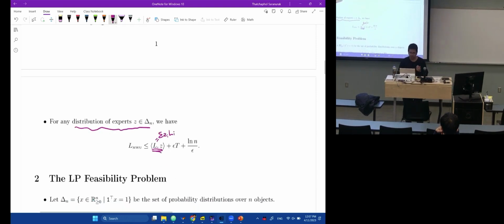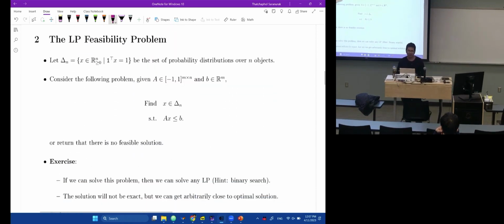And now let's look at some linear program problem. So today what we're going to look at is this. From now on I will write Delta n. Delta n is just the set of probability distributions over n objects. It's a vector of size n such that everything is non-negative and the sum is 1.